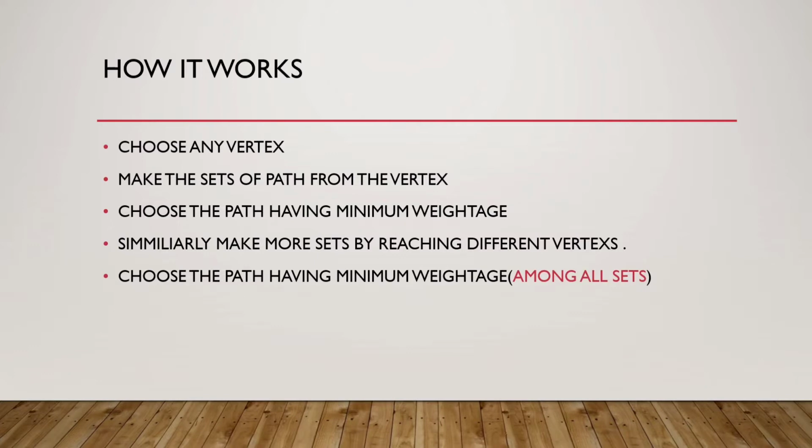Then you choose the minimum weightage among them, and similarly you make more and more sets by reaching different vertices. Now the crucial point: you have to choose the minimum weightage among all the sets available. At last, the answer will be the shortest paths you have chosen, and the sum of all that will be your minimum spanning tree.